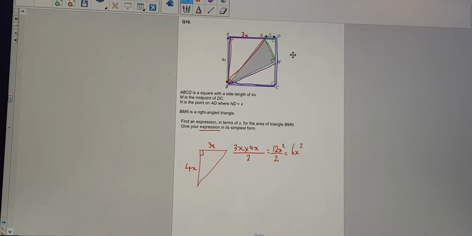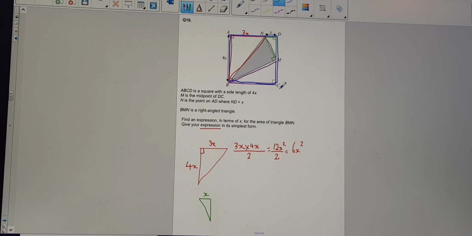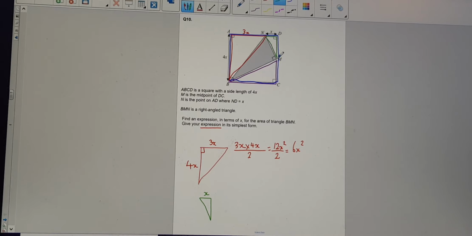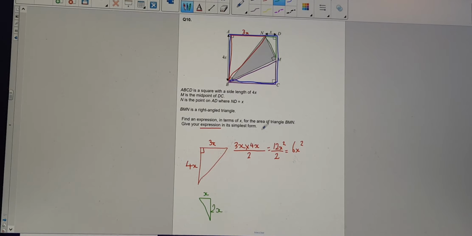So we have this triangle here. Let's work out what we can. Well, I already know that that length is x. Now, if all of this length is 4x, but it tells us that M is the midpoint of it, i.e. halfway along all of this, which is 4x, I know this has to be 2x. Let's work out the area of this.